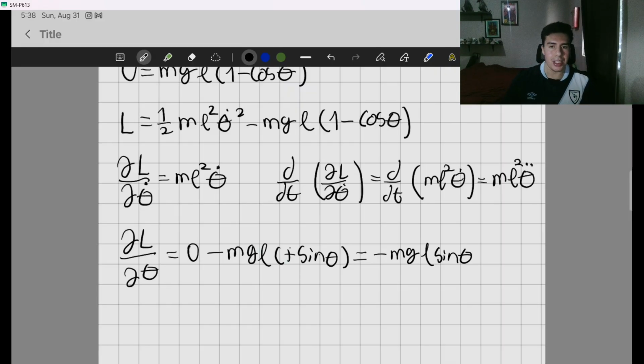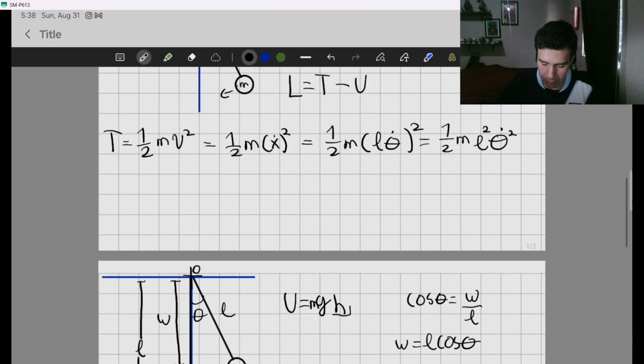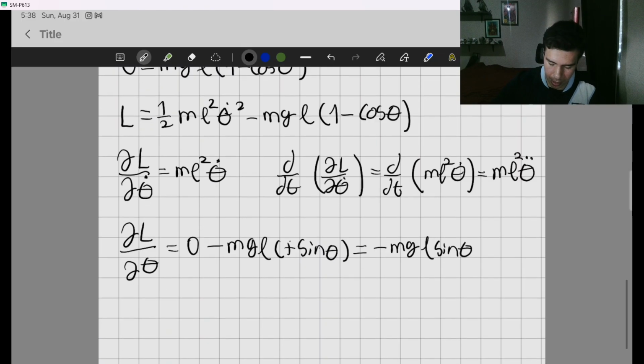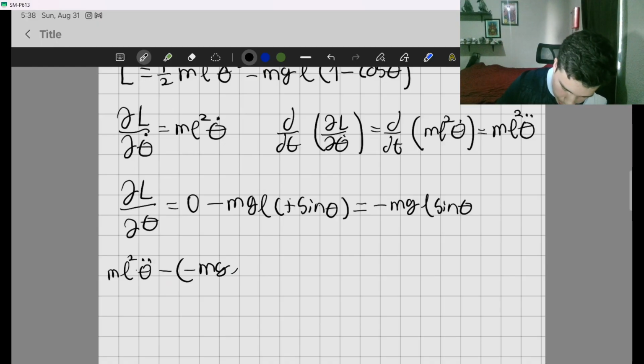Okay, so this is basically all the parts that we need for the Lagrange equation. So basically we will have m L squared theta double dot minus this thing right here, minus mgL sine theta, equals 0.